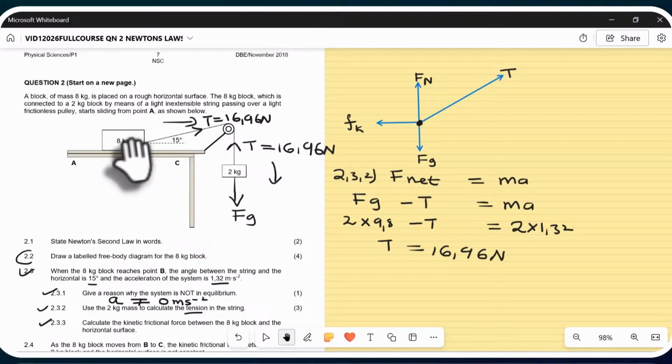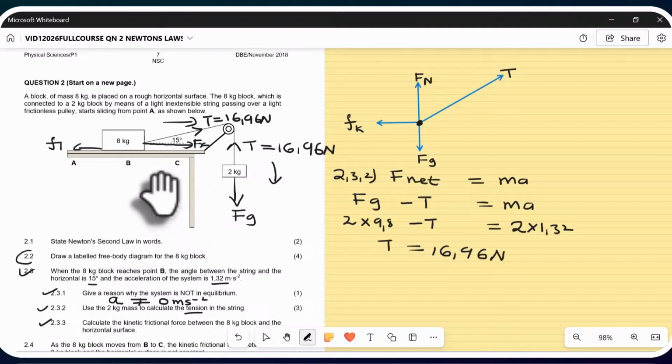Then it is opposed by the frictional force, Fk, which I'm looking for. That is kinetic frictional force. So my Newton's second law, F net equals ma, will give me Fx minus Fk equals ma.